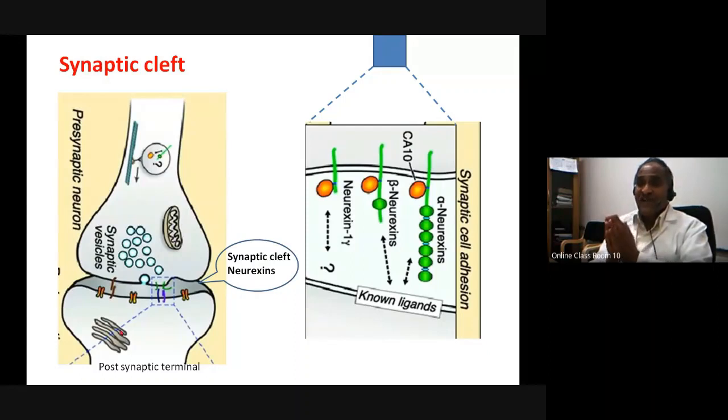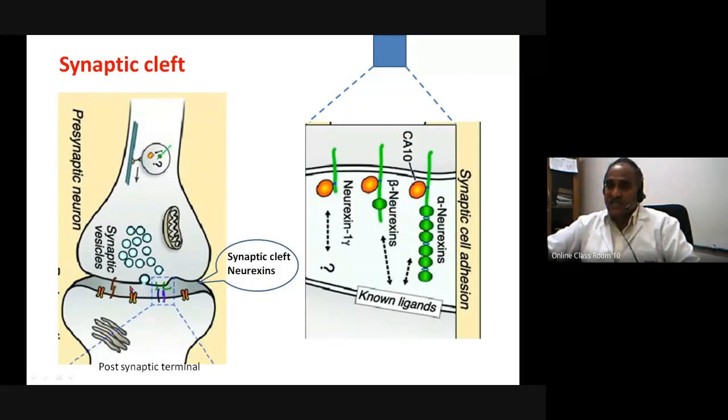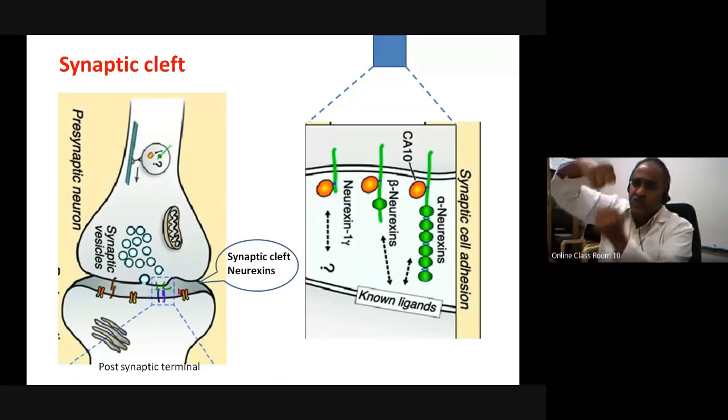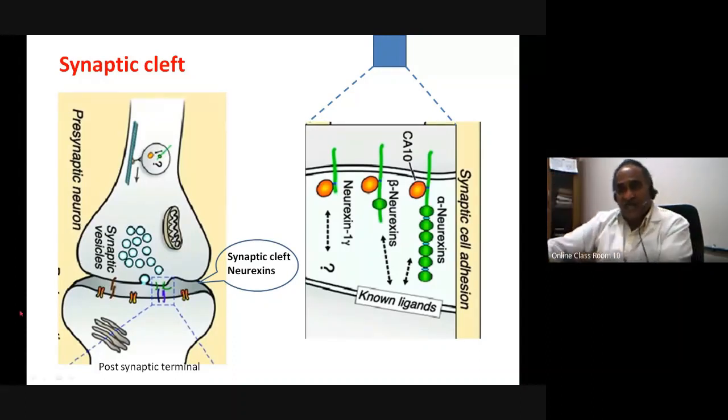To prevent that, there are other proteins here. You can see that this is the synaptic cleft. This synaptic cleft is not a loose thing, because we have to hold these two terminals, presynaptic and postsynaptic, together. For that, we need protein molecules which have connectivity between the presynaptic terminal and postsynaptic terminal.